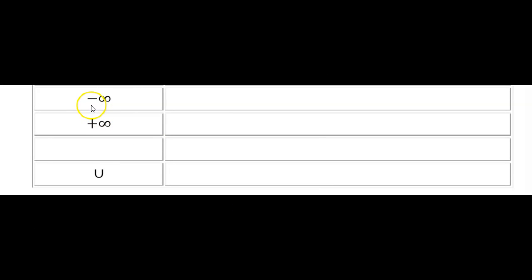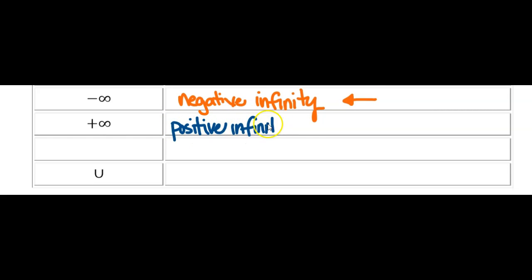So a couple other pieces of vocabulary we need to look at are the negative infinity and the positive infinity sign. So negative infinity means that the graph is going to go to the left forever. And the positive infinity sign means that the graph is going to get infinitely large.